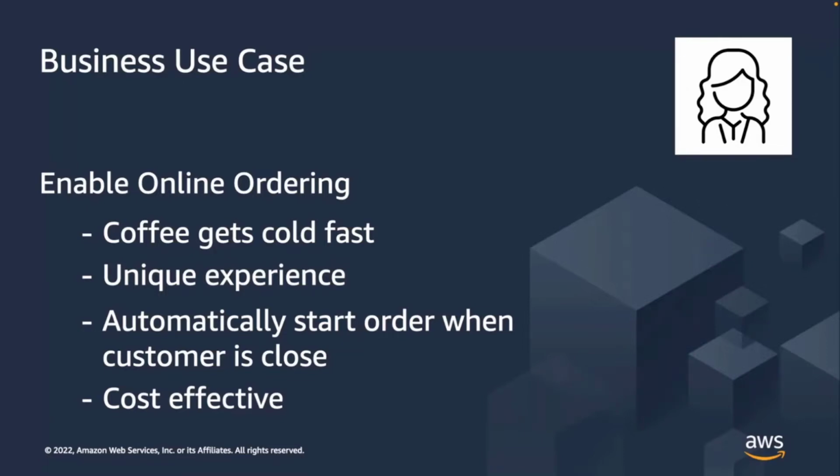But having everyone show up to the store, even if they've already prepaid their coffee, isn't so much of a unique experience than what is currently offered today. So what we'll set up is a geofence around the coffee store's location. And that way, when they are in a reasonable bounds, we'll send off a notification to the store saying the customer's close. Let's go ahead and build out their order.